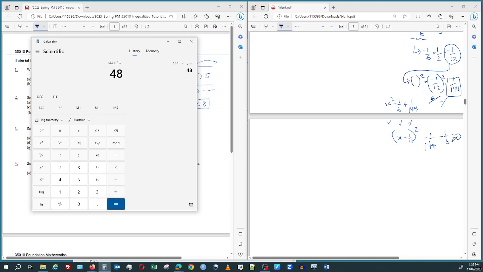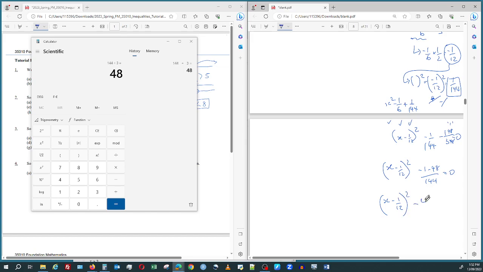So we need to multiply both sides by 48. So that's our 1 in disguise. So we get x minus a 12th squared minus 1 minus 48 over 144. So that's closing the fraction.